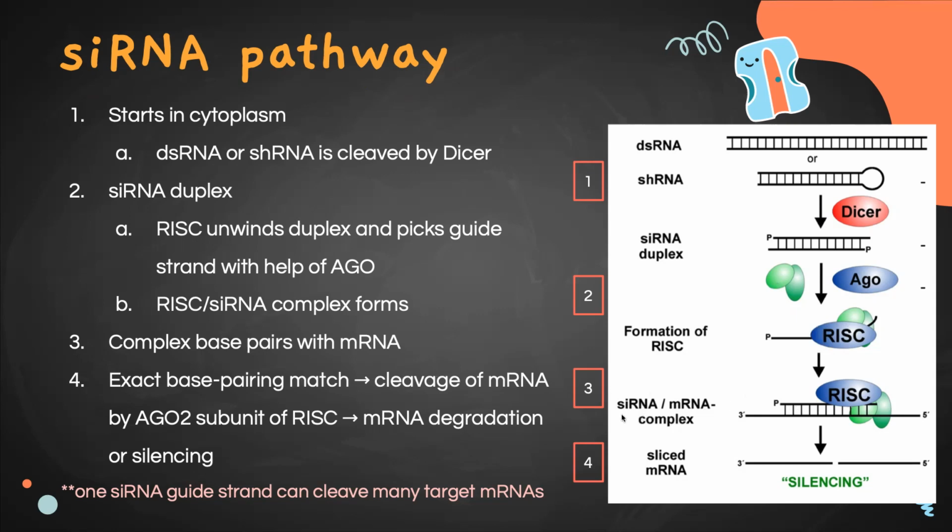Whatever complements the siRNA exactly pairs with the mRNA, and then RISC can go in with its Argonaute 2 subunit, which is also the enzymatic portion. Argonaute 2 actually does the cleaving. Once you cleave the mRNA, it is degraded or silenced because it is chopped up into pieces, so it's not useful anymore. Does that make sense?